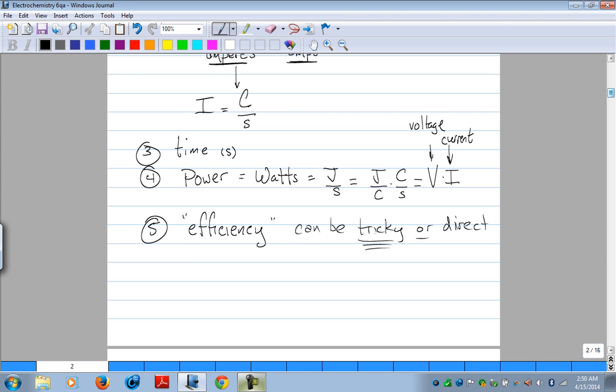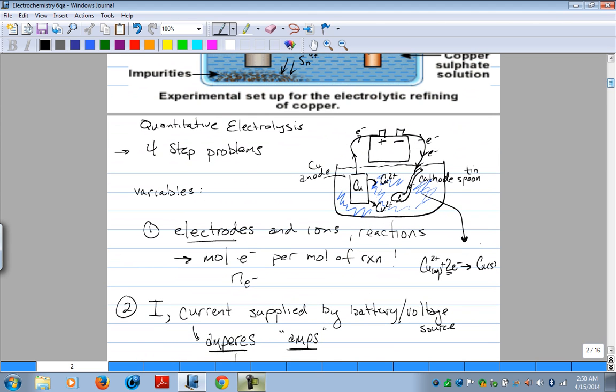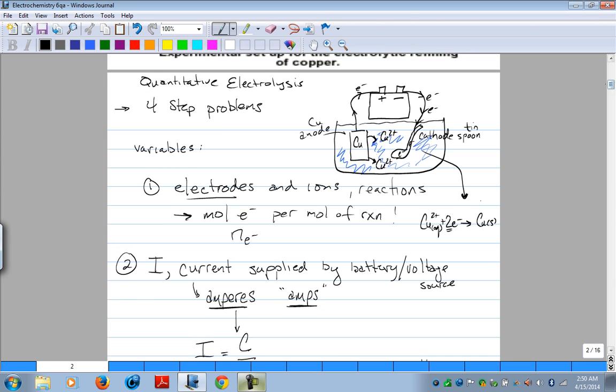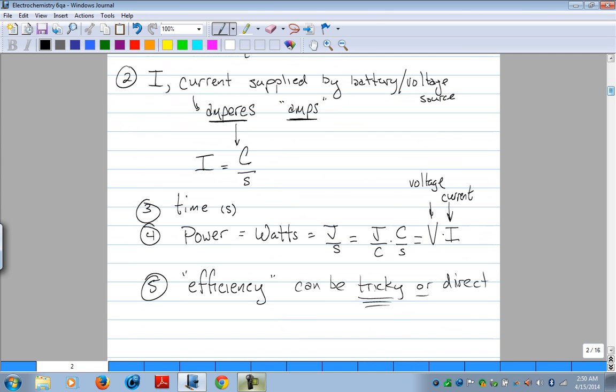And finally, there's the efficiency of the battery. Not all of the charge from the current, or not all of the current, is used in the actual electrolytic process. There might be side reactions, there might be, I don't know, some kind of wasteful eddy current, something's going on that's going to lower the efficiency of the battery.